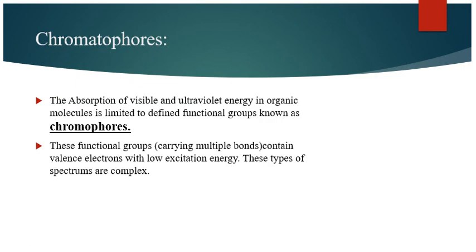In organic molecules, the UV visible radiations are only absorbed by the functional groups carrying multiple bonds, and these are called chromophores, that are capable of absorbing UV visible radiations, and hence showing transitions of the electrons, and as a result of the transition of electrons there is formation of the spectrum.